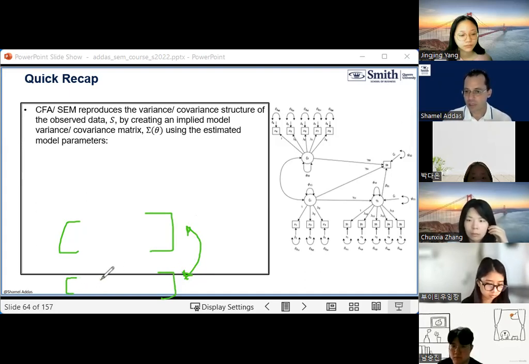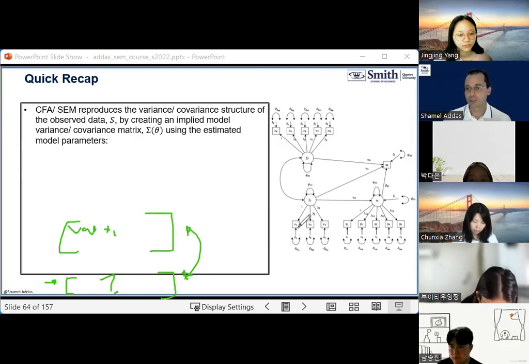And remember, how do we get the model-implied matrix? You just use the multiplication rule. For the variance in the observed data, you have the variance of x1, for instance. So we try to reproduce it in this matrix by recreating the variance of x1 using the model parameters. So the simple rule is, let's say this is x1 right here.